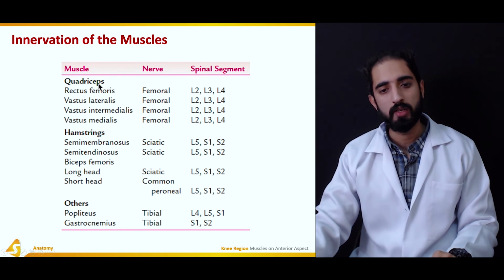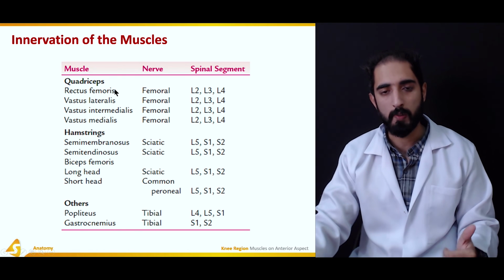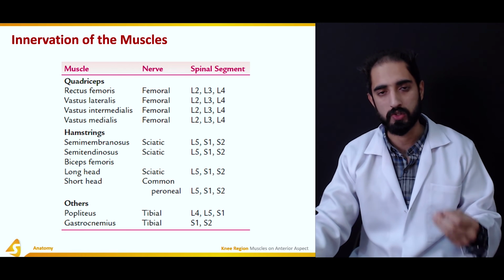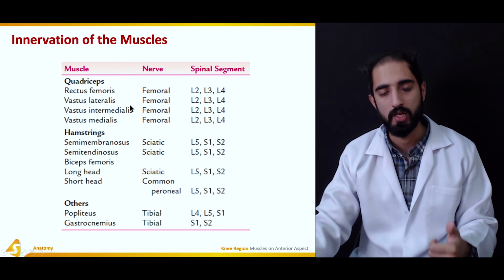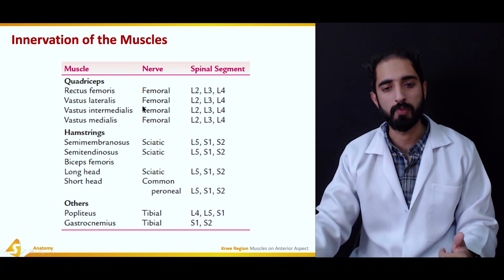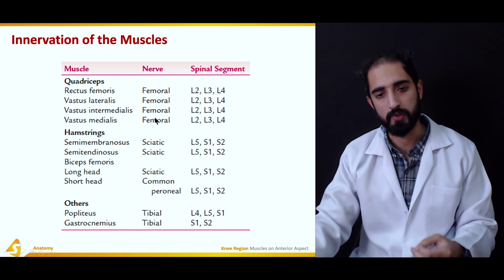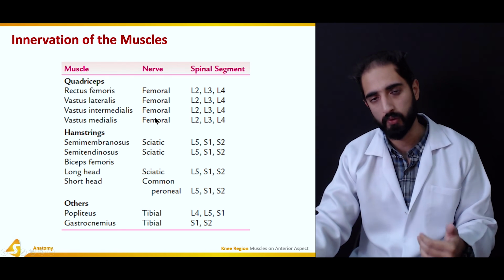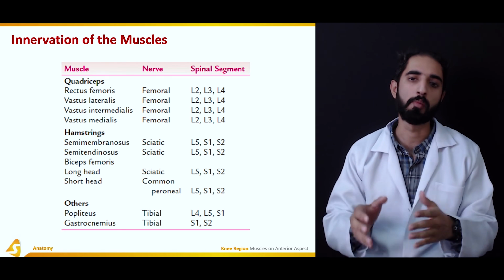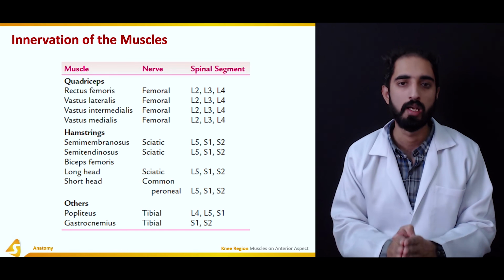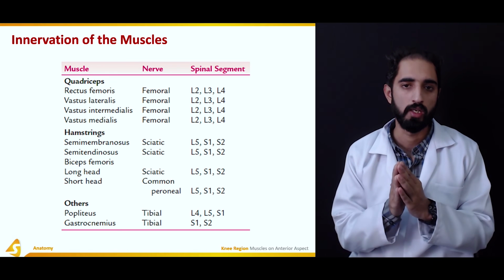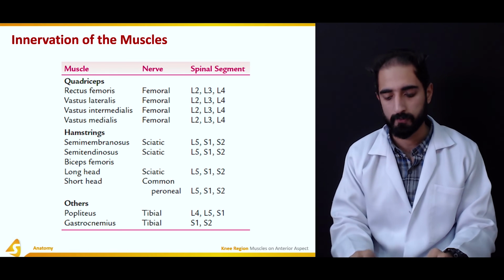So here is the summary. All the muscles have the same action except for the rectus femoris, which additionally works as a hip flexor. All have the same nerve supply, the femoral nerve, which enters the same spinal segments, L2, L3 and L4. Another common thing is the common insertion point, the patellar tendon into the tibial tuberosity.